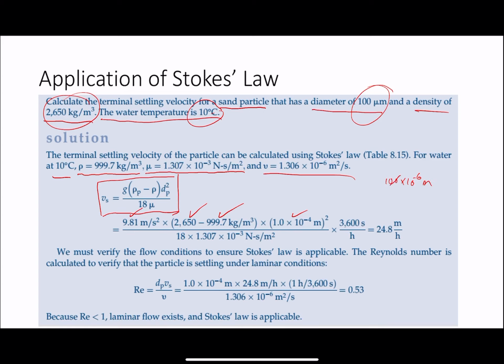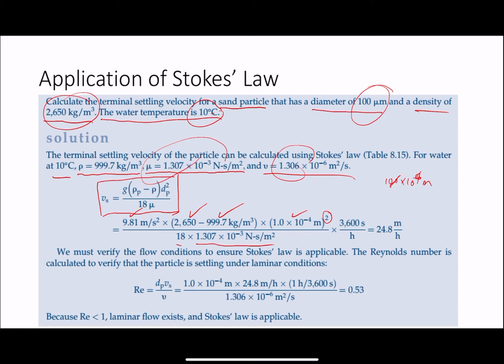So 1 times 10 to the minus 4 meter, and this is squared. This is diameter, it has to be squared, over 18 times viscosity, 1.307. You don't put this one, you put this one, mu. And now, of course, if you cancel out all the units, you will end up with second.